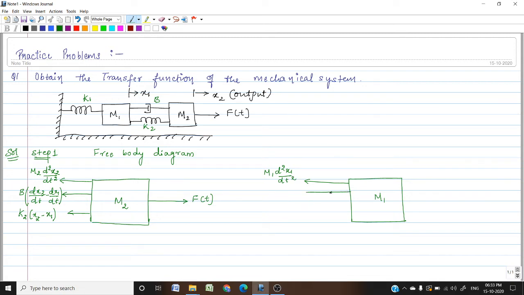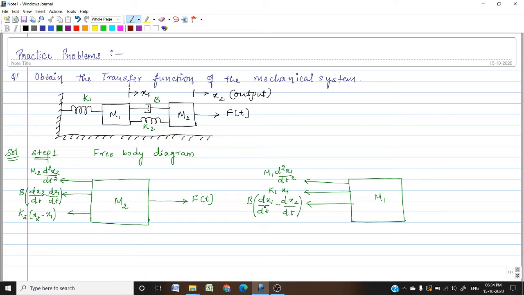Next one is due to k1, so it will be k1 into x1. Then we have due to b, which is b into (dx1 by dt minus dx2 by dt).